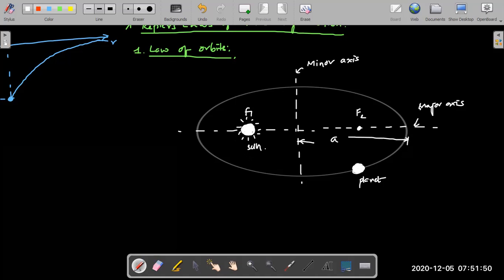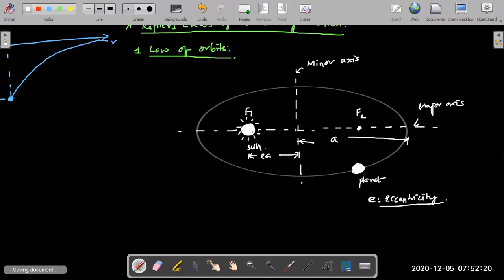The focus is at a distance of eA, where e is called eccentricity. If e is equal to 0, then that will be a circle. That's the law of orbits.